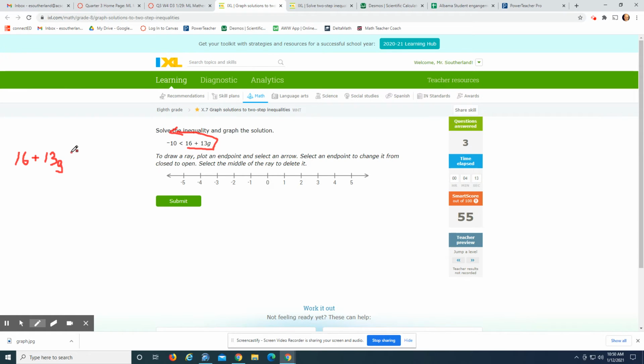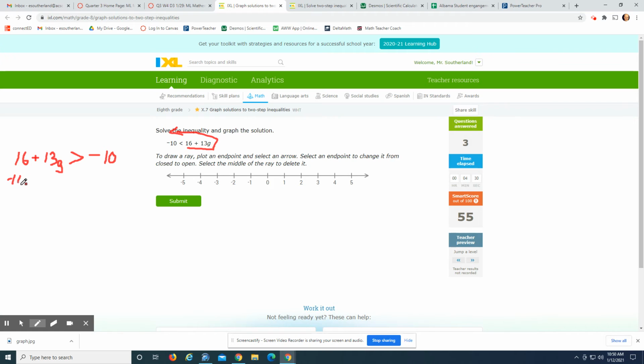So instead of a less than sign, I now want a greater than sign. And then negative 10 moves to the right. Now it's just like normal, we go through and solve it. But we flipped the sign because I switched those two sides.